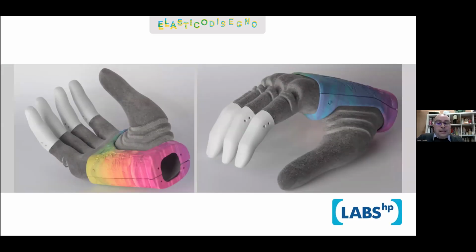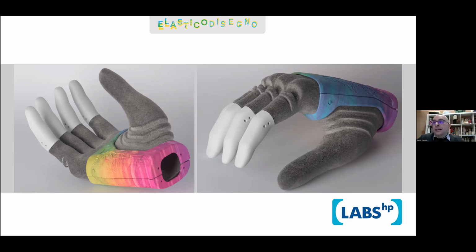And we were lucky enough to get in touch with HP Labs, and their Jet Fusion team. At the time, they were in the process of developing the ability to print in color and even in white. And they were looking for companies with such needs and for parts to test their printers.